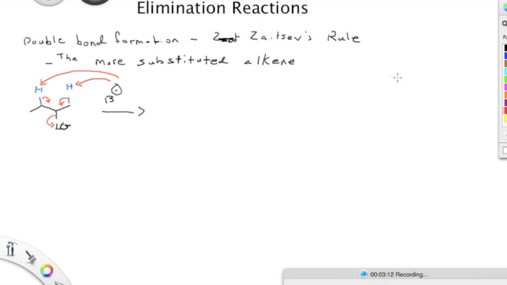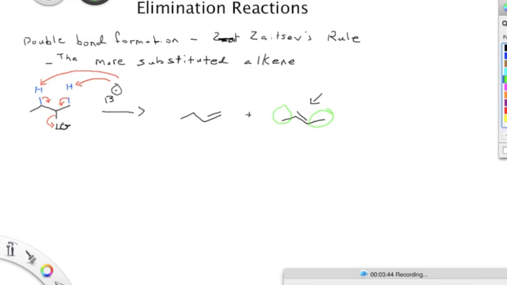And so you can see that you would end up with 2 products here in this case. So one would end up with a double bond right here, and you would also end up with one that would have the double bond that's right here. This one is the more highly substituted double bond, meaning that we have one R group, a CH3 here, and one R group here.